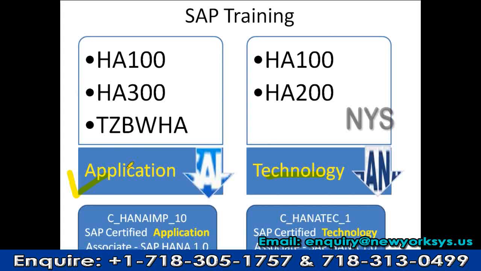Right now we fit under application, for which SAP offers HA100 and HA300, a 5-day workshop. The same content I'm going to cover. If you are related to BW, after this you would go for BW on HANA, but as you don't have BW experience, that is not required for you. Essentially it's standalone HANA, HA100 and HA300, and the area is application.